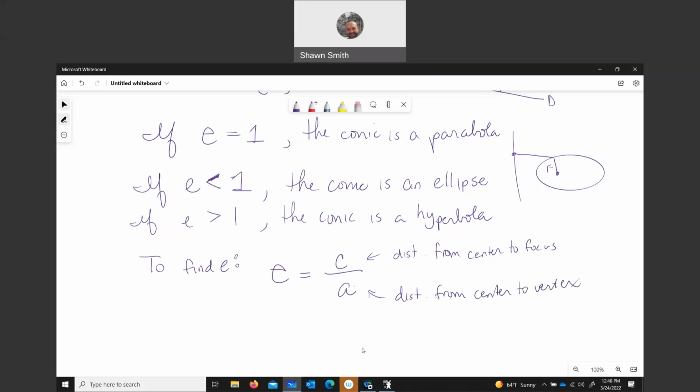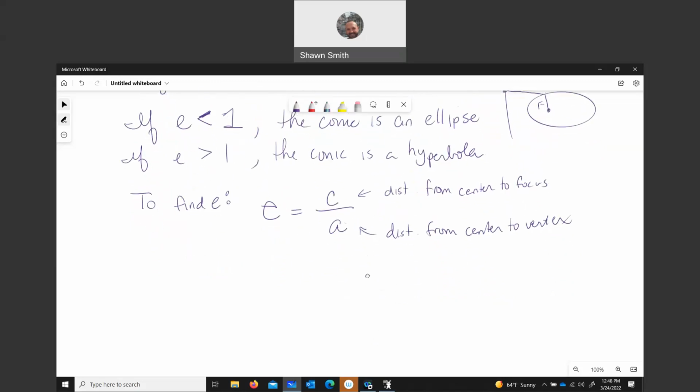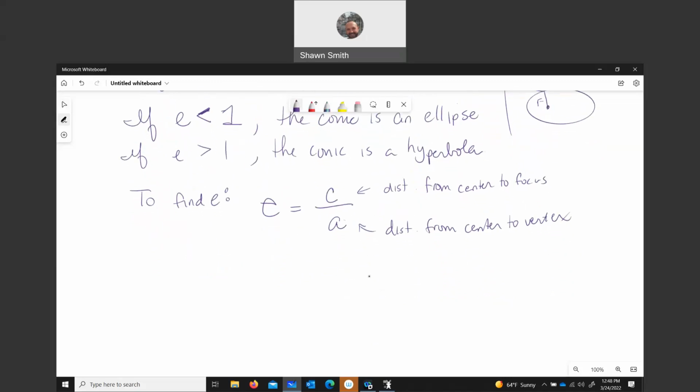The polar equation in conic form. Now remember, polar equations involve r's and thetas, right? You got r as the distance from the pole to a point on the terminal side of that angle. And then we've got angles in terms of theta.